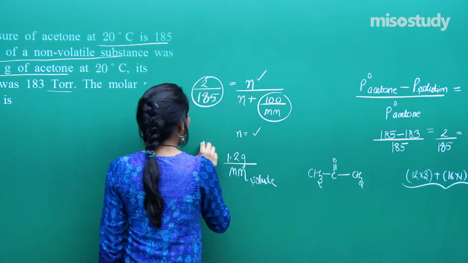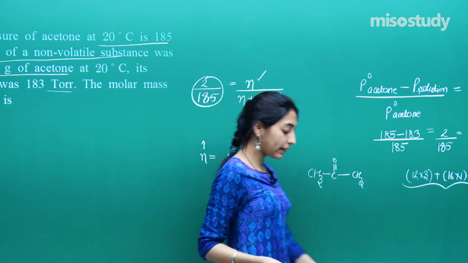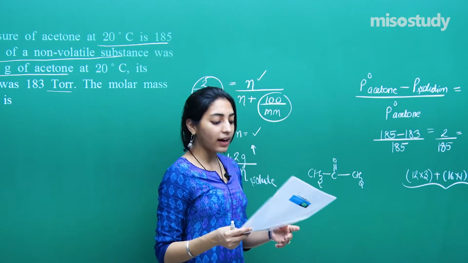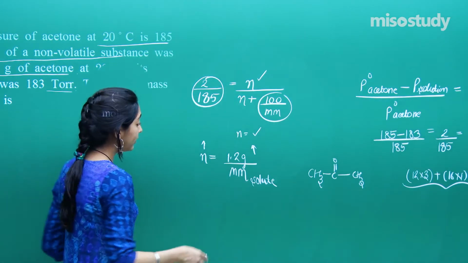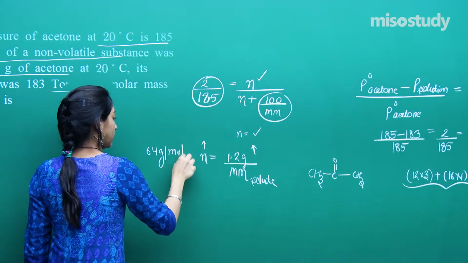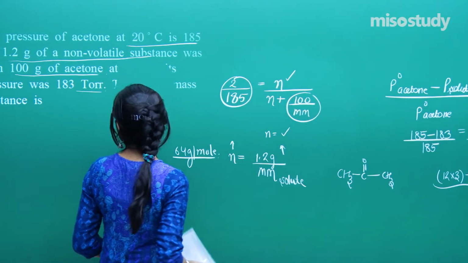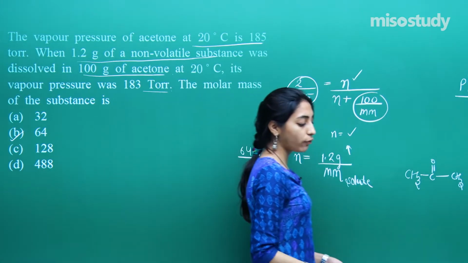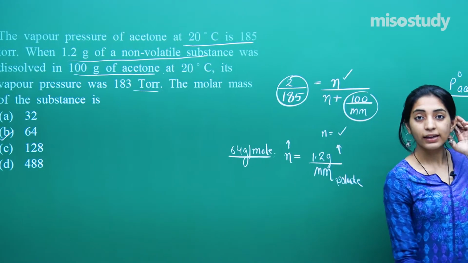So you know the value of N, you know 1.2, you can easily calculate the molar mass of solute. The answer that you will be getting will be 64 grams per mole. So this is the answer, and option number B will be the correct option for this particular question.